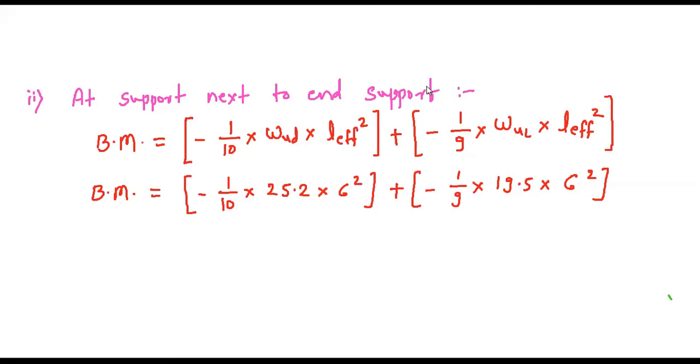The minus indicates hogging, minus 168.72 kilonewton meter. If the minus sign is there, this indicates the hogging moment, and a positive sign indicates sagging moment.